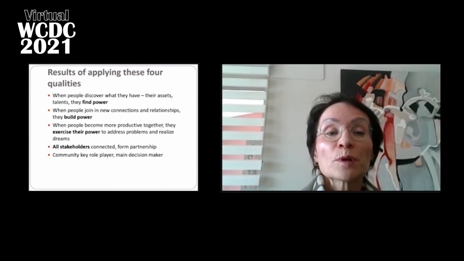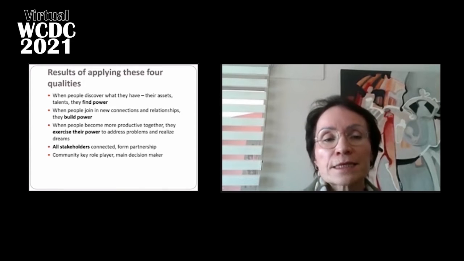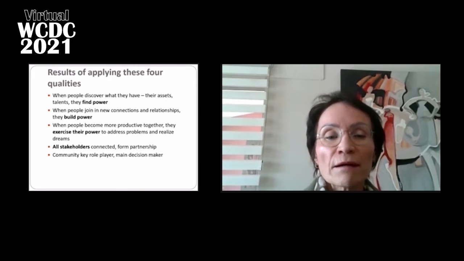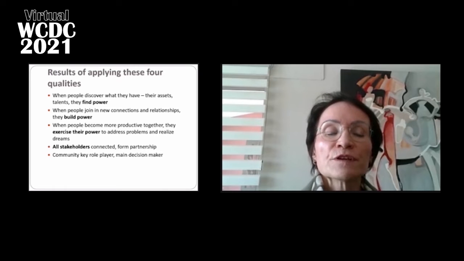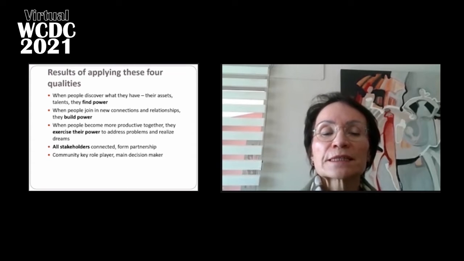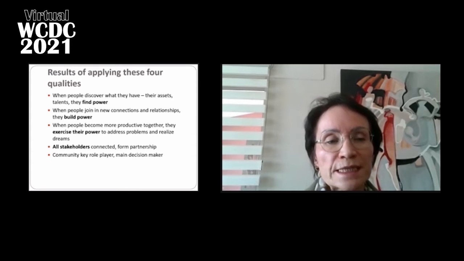When people become more productive together, they exercise their power to address problems and realize their dreams. All this must be done in a collaborative, connected way, where they form partnerships and networks on different levels in the community.